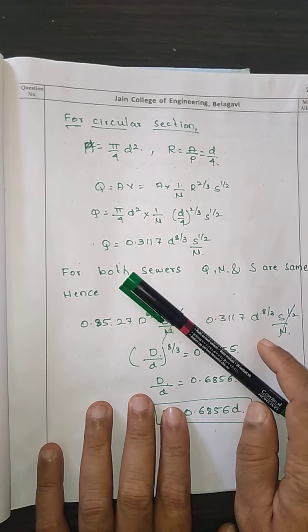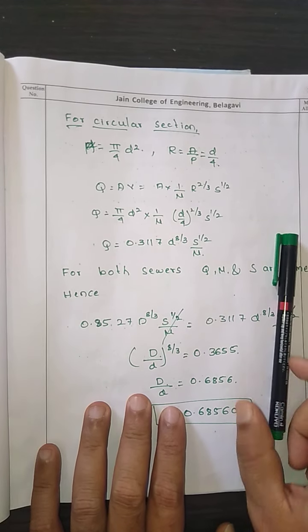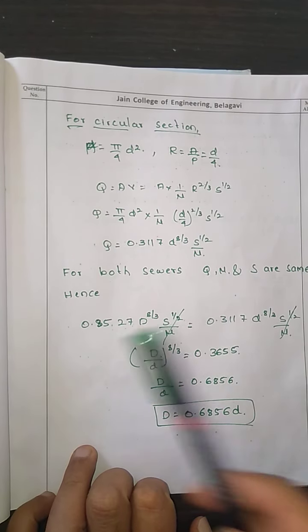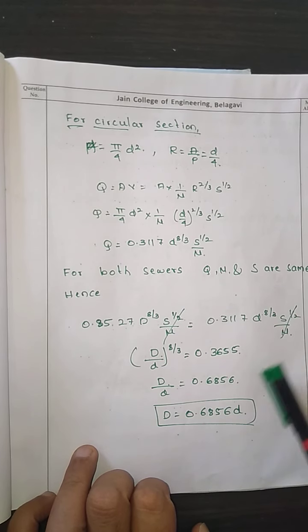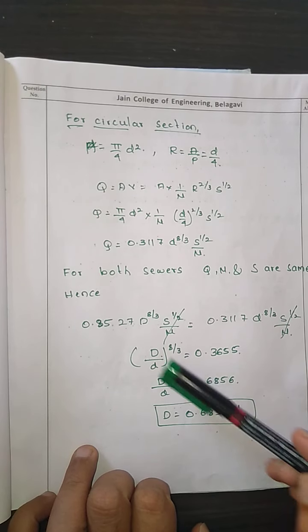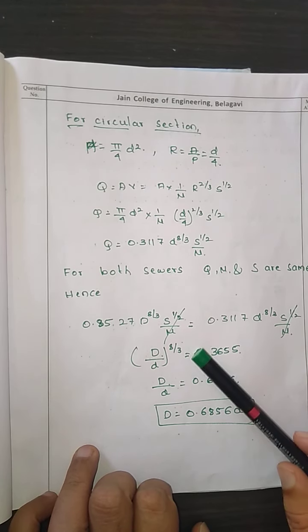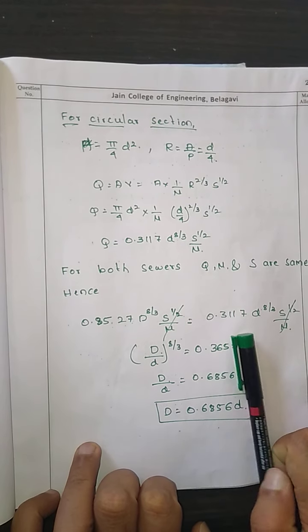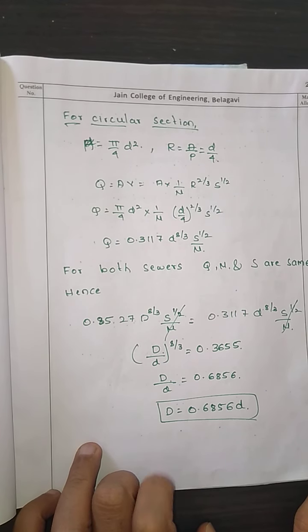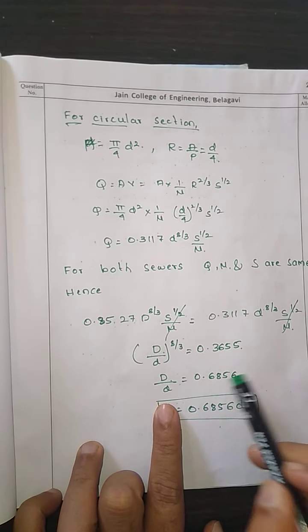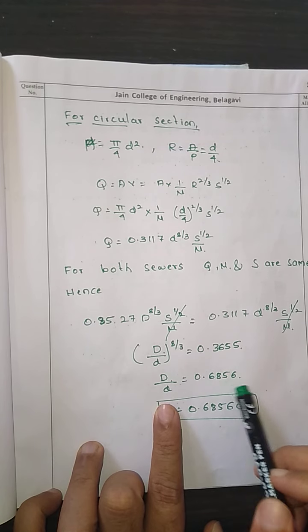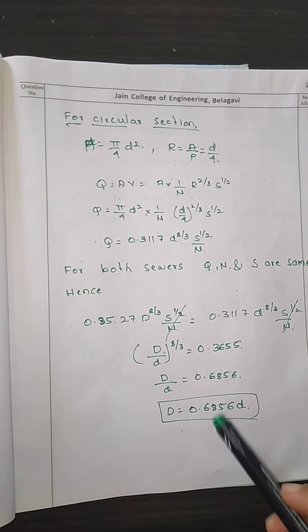Now both the sections have the same N and S values, so S to the 1 by 2 divided by N is going to get cancelled. We are going to equate each other, 0.8527 D to the 8 by 3 equals 0.3117 d to the 8 by 3. After simplifying, we get capital D to small d, to the power 8 by 3, as 0.3655. Then if we simplify it further, we get D by d as 0.6856.